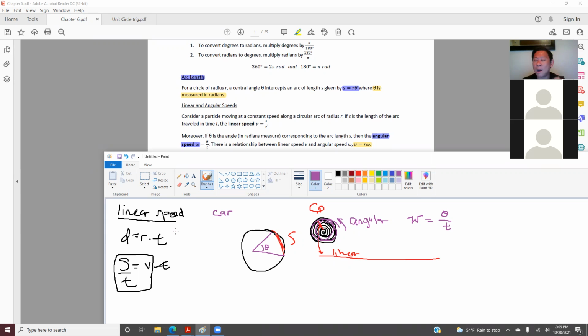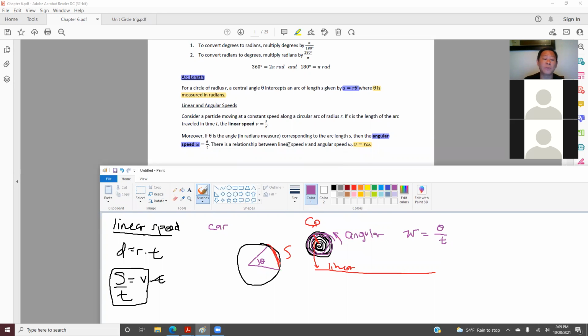So it depends on the two types, and it's all based on the radius. If your radius is bigger, your linear speed will be faster, because if R increases, V in this case also increases. So this is a very important formula.